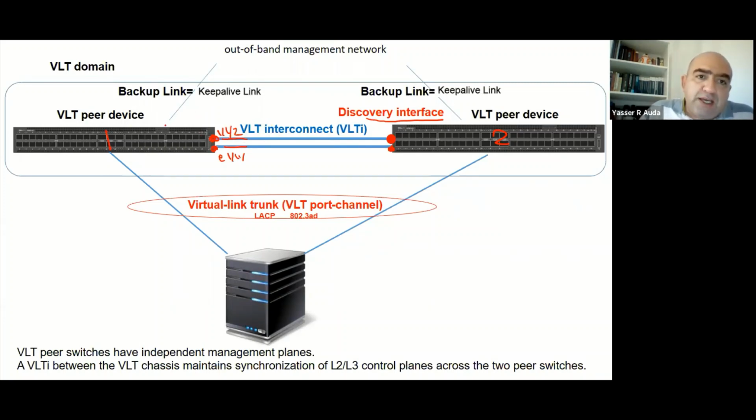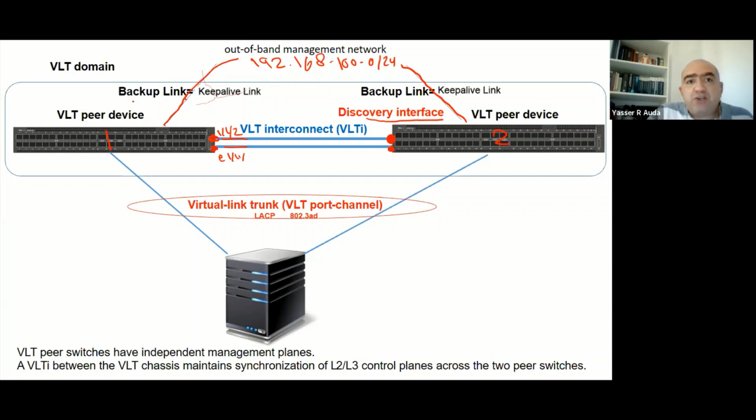So we need a link connecting them to a network, let's say 192.168.100.0, and both of them should be able to communicate with each other and send keep alive messages through the connection of this network.